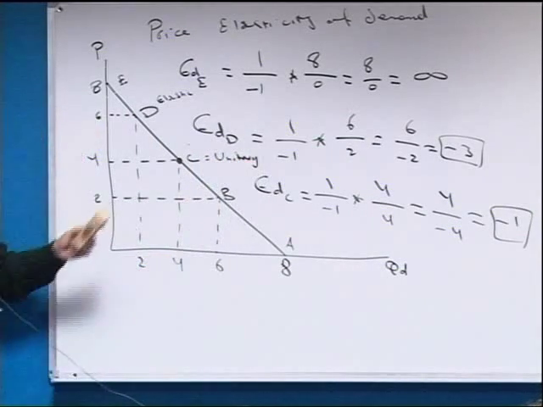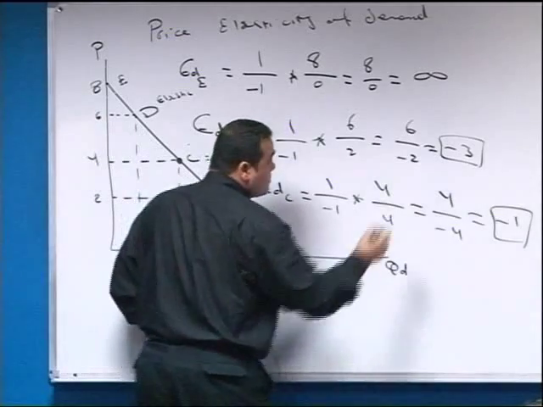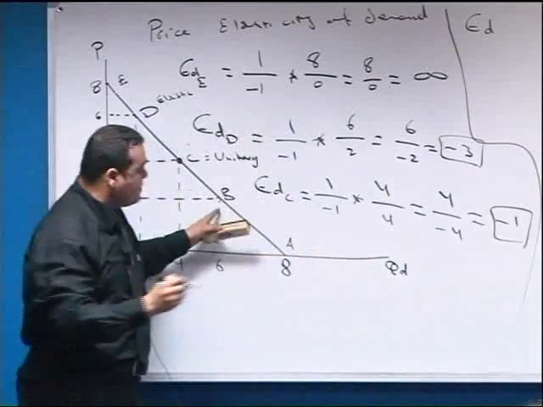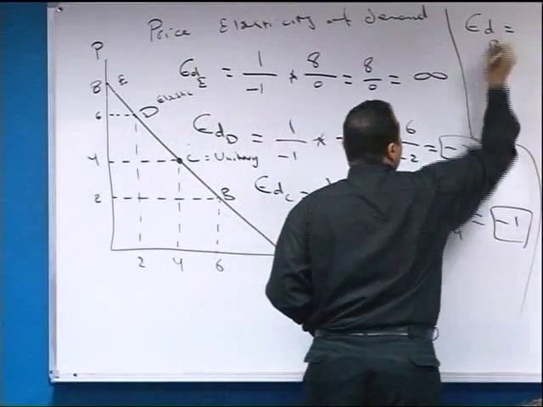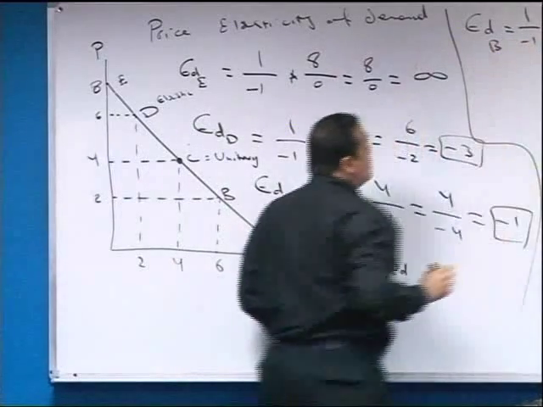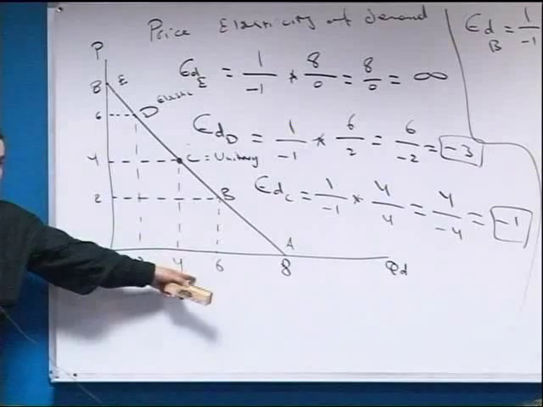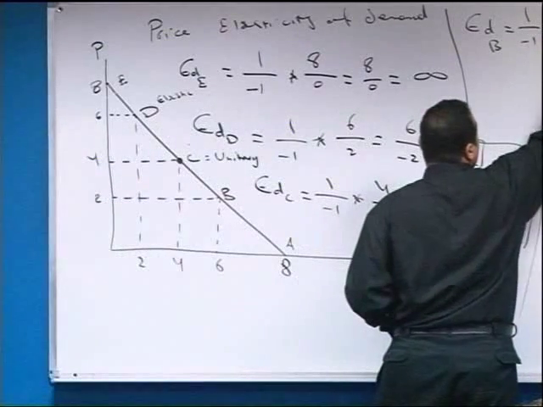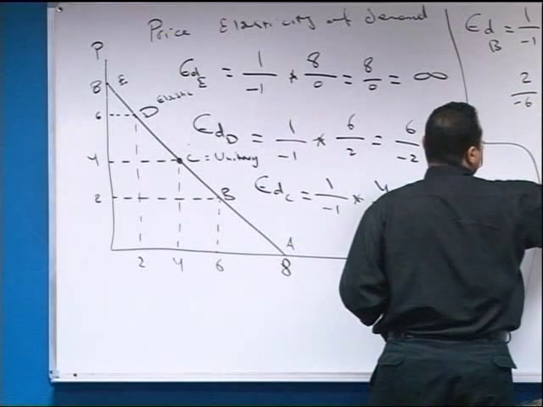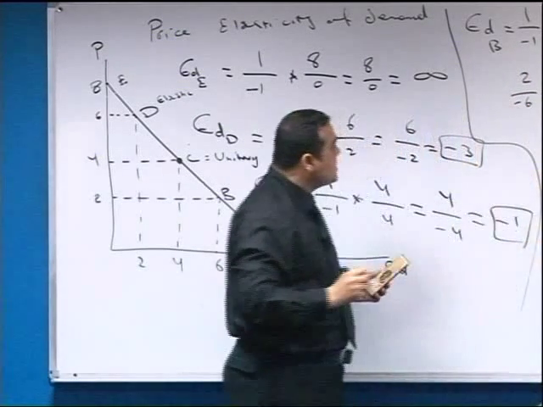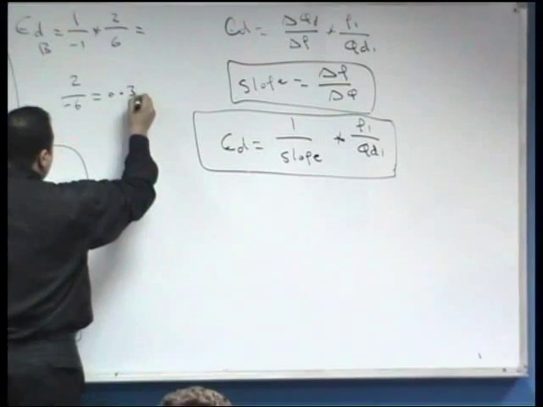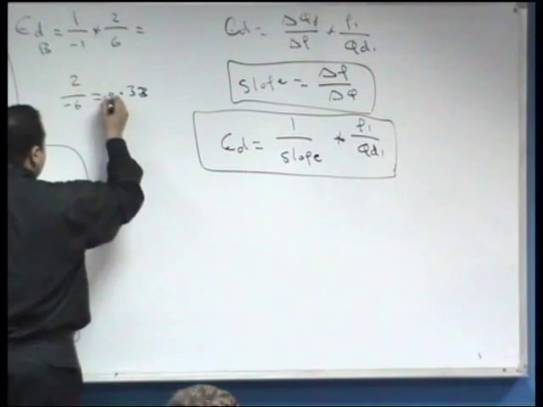At point B, the elasticity of demand equals 1 over minus 1 times the price 2 over 6, which is 2 over minus 6, equals about minus 0.33.